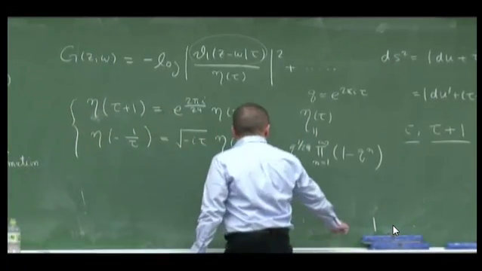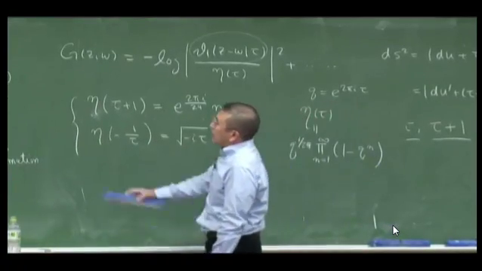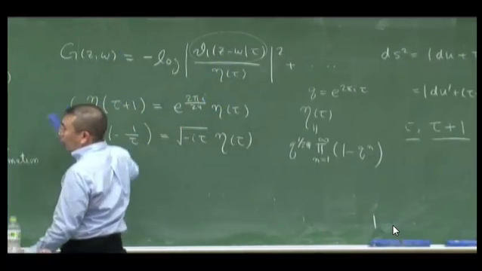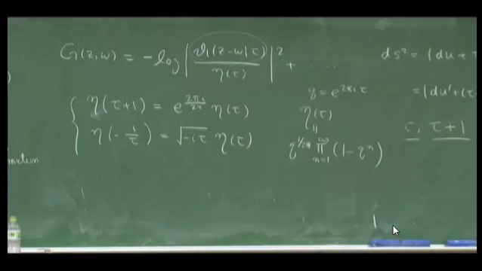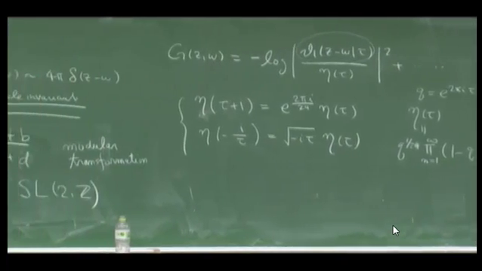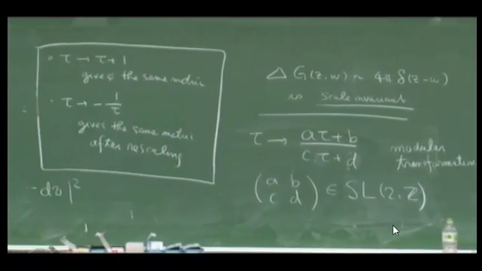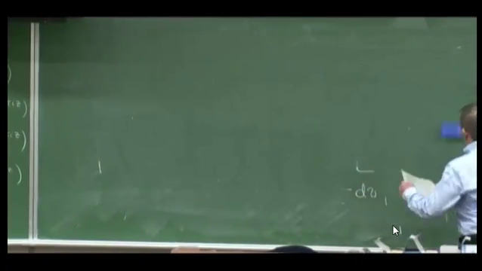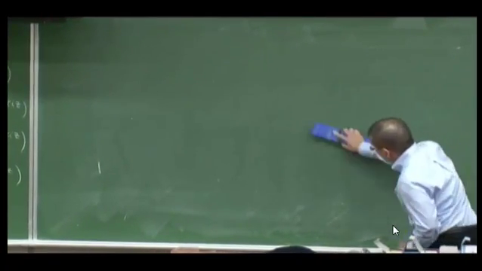So we see that this modular transformation preserves this form of the solution to the Green's function. Now I'm going to the left part of the blackboard.